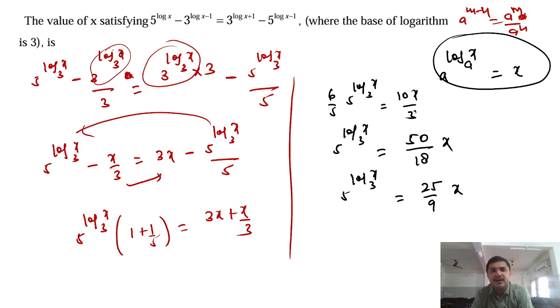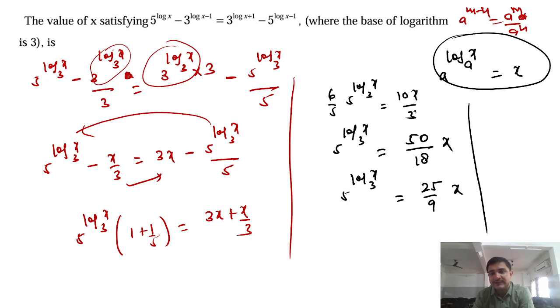In that case, from here should we solve this, or can we substitute some value directly? If I'm substituting some value directly, any value, we can get the answer. 1 if I'm substituting, it is 0. 2 if I'm substituting, it is not going to satisfy.